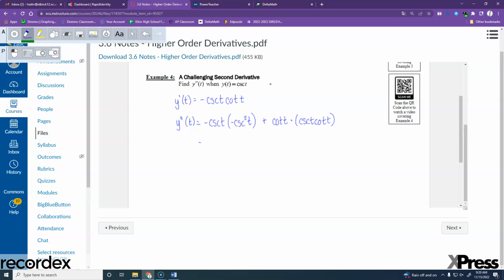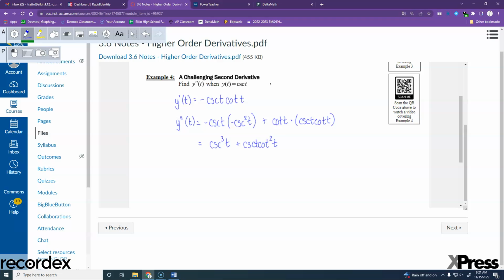So we are going to get cosecant cubed t plus cosecant t cotangent squared t. Should have a t right there. All right, now this is our second derivative response. We could stop here, but they're probably going to simplify that some.